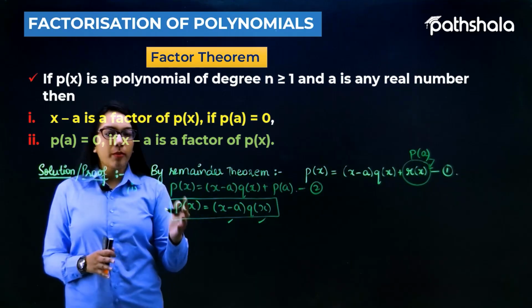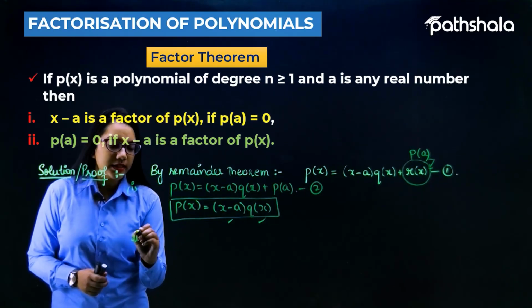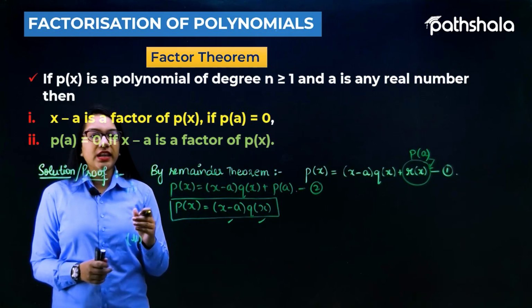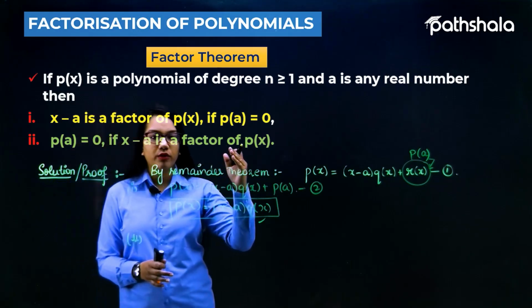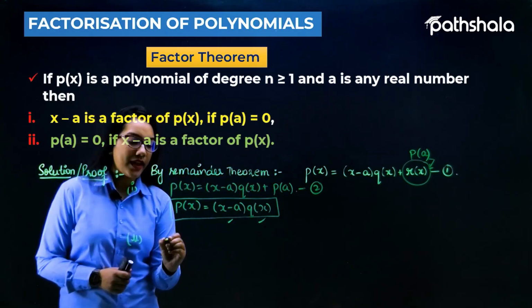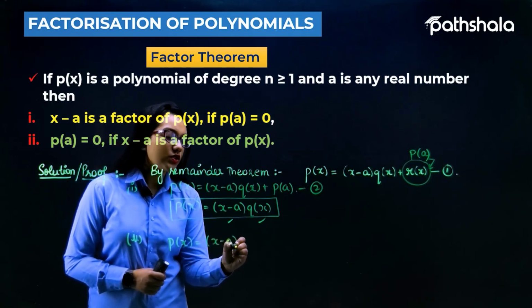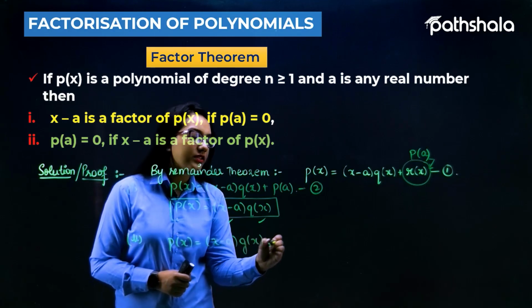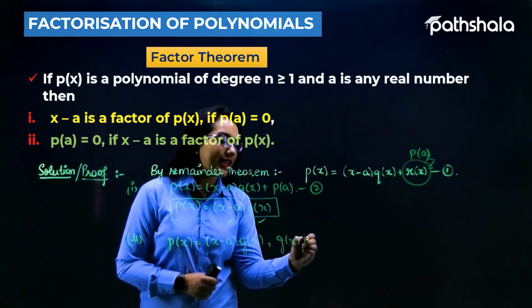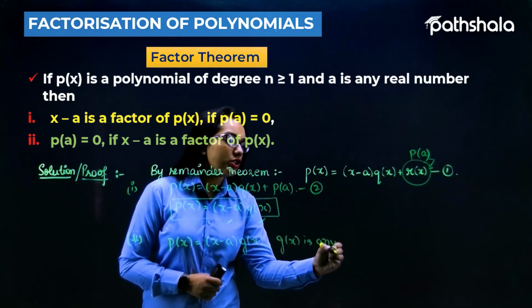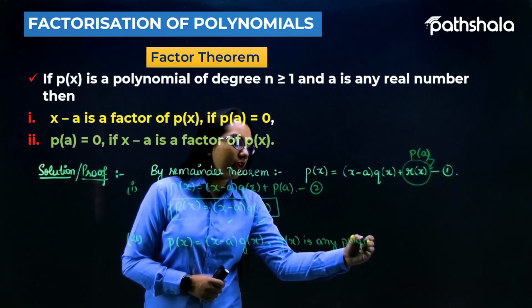So let's just talk about the second part. The second part says that p of a is equal to 0 if x minus a is a factor of p of x. So it means that we can write p of x as x minus a into g of x, where g of x is any polynomial over here.